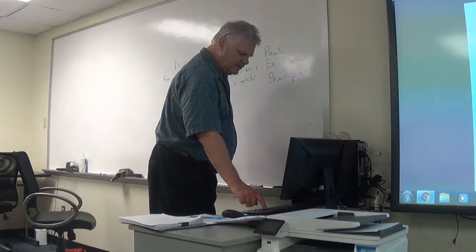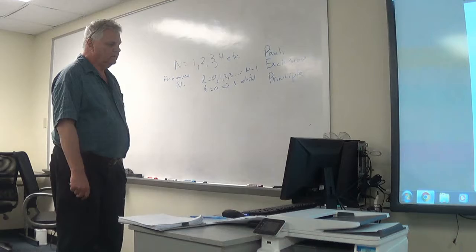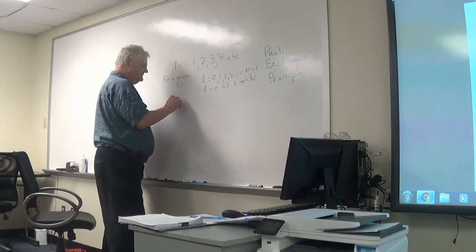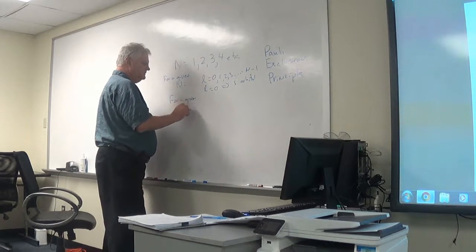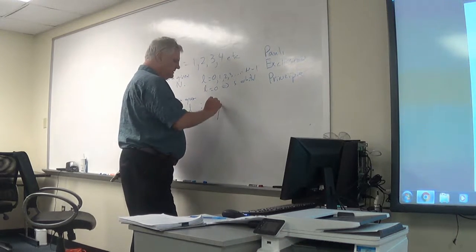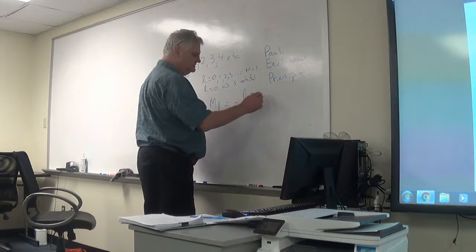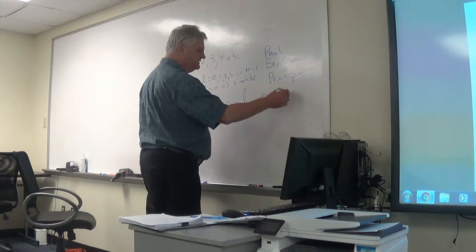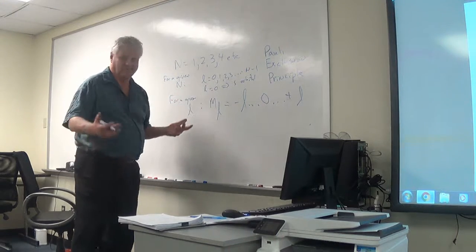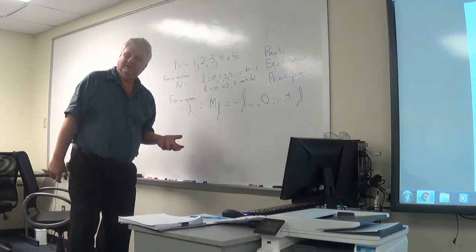Now, for each value of L, now we have what's called the magnetic quantum number, m sub L. So for a given value of L, the magnetic quantum number m sub L can range from minus L dot dot dot 0 dot dot dot up to plus L. Well, if L is equal to 0, there's only one value of m sub L, because minus 0 is the same thing as 0.